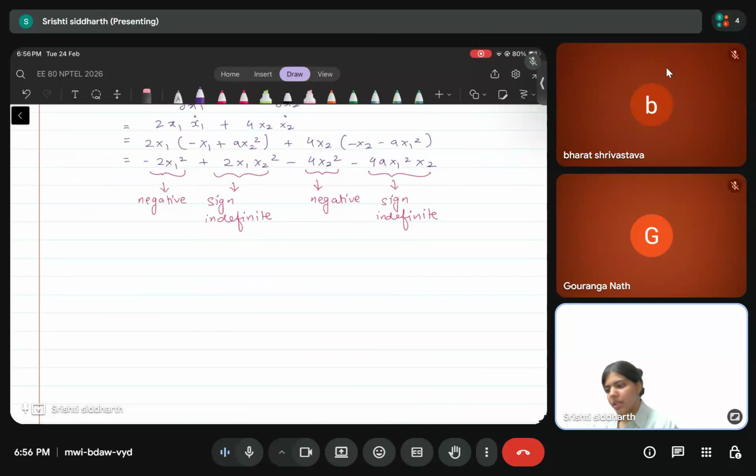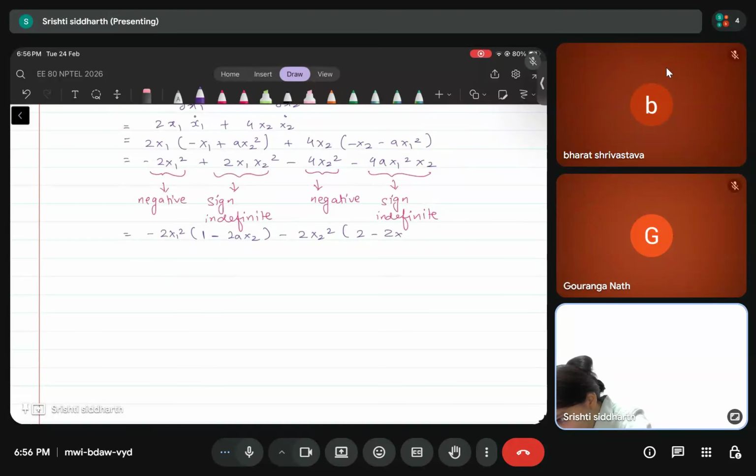Alright, so let's see if we can simplify this expression. And this would be minus 2x1 squared (1 minus 2ax2). So I've combined the first and the last term. Similarly, we have minus 2x2 squared (2 minus 2ax1). So this is V dot.